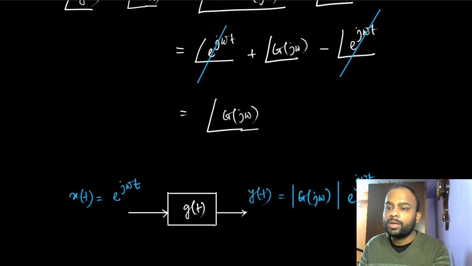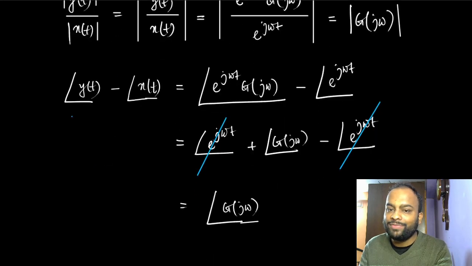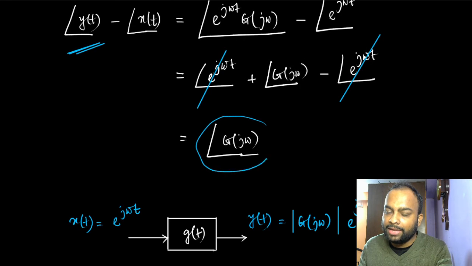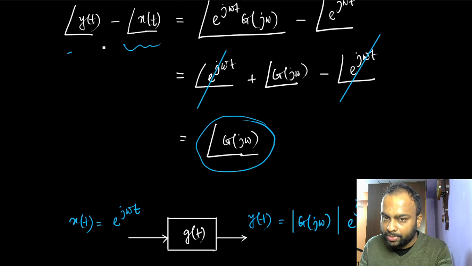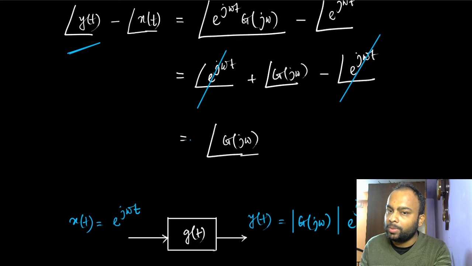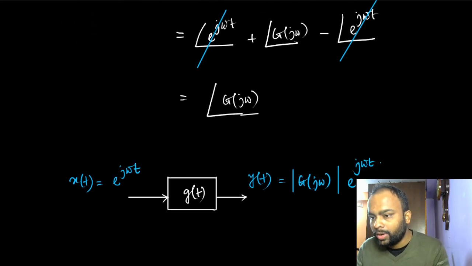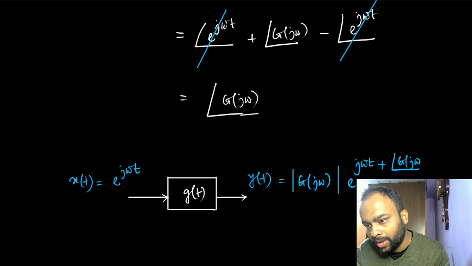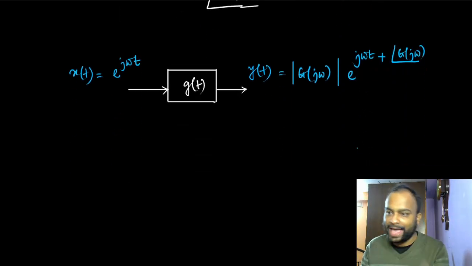And what is the phase angle of the output? The phase angle of the output can be determined by taking the phase angle of this complex number G(j omega) and adding the phase angle of the original input signal. Whatever phase angle the original input signal had, we are assuming it to be the reference phasor, so we assume that phase angle to be 0, which I can do. So we just add the phase angle of G(j omega) here, whatever phase angle it has.